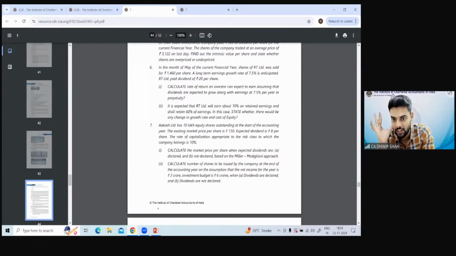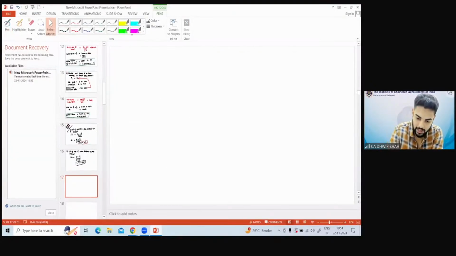Investment budget is 6 crores. So you need an investment amount of 6 crores. You have net profit of 3 crores. So you have to calculate the new shares to be issued if the company declares the dividend and if the company does not declare the dividend.